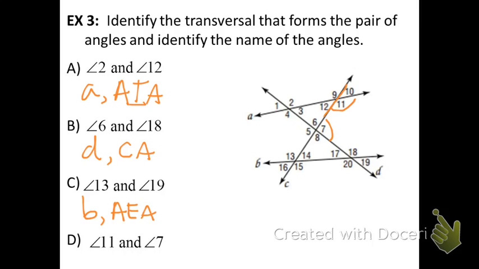Okay, they're on the same side of this one, so we would say C is the transversal. On the same side, it looks like they're between our 2 lines, so because they're between, we call those consecutive interior angles.